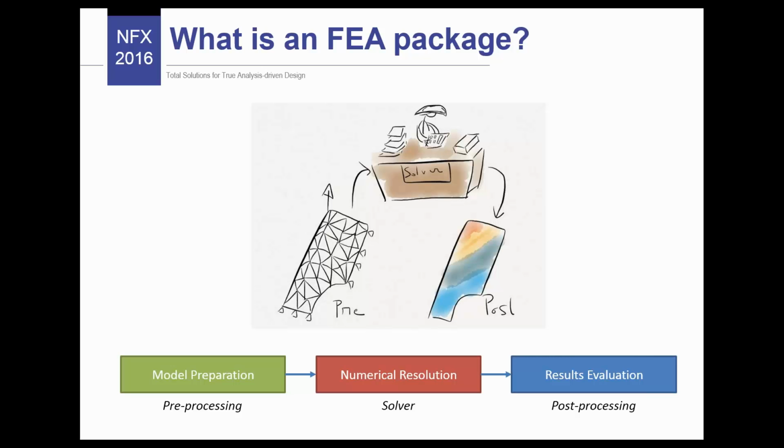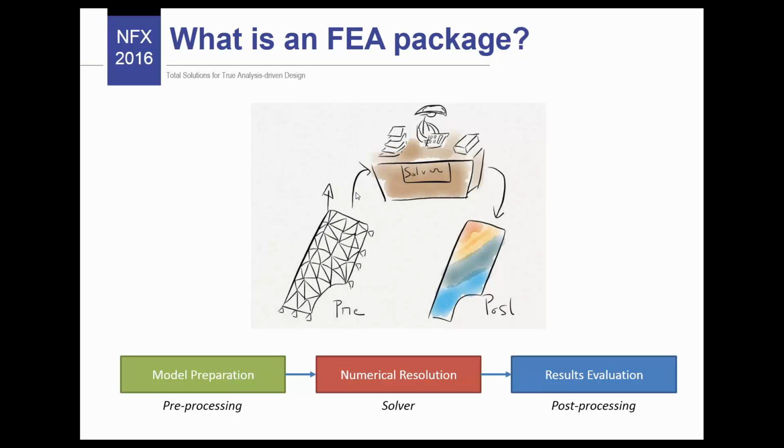The first is the pre-processing, which is also called model preparation. This is basically when you use the graphical interface of your software to build the model. You will need a lot of different features that will help you to build the model, and to build it more accurately. So these are the pre-processing features.